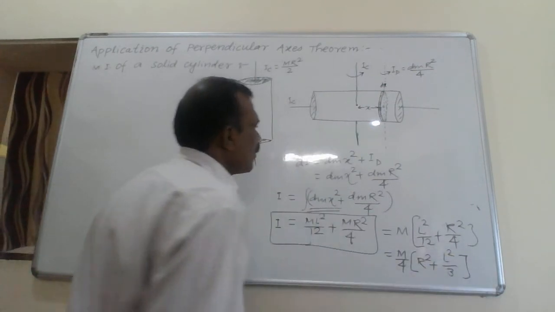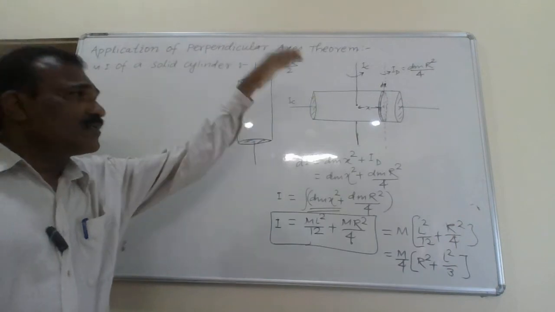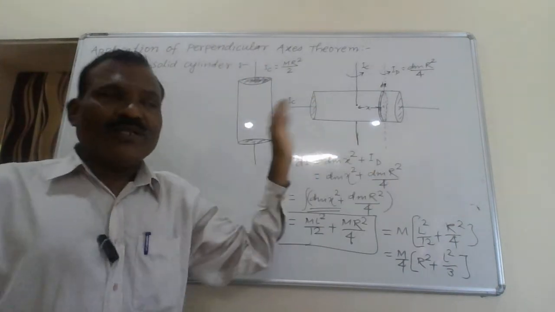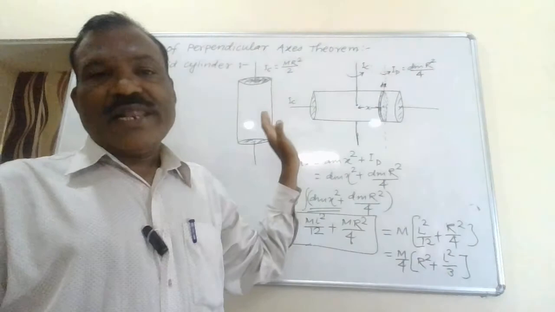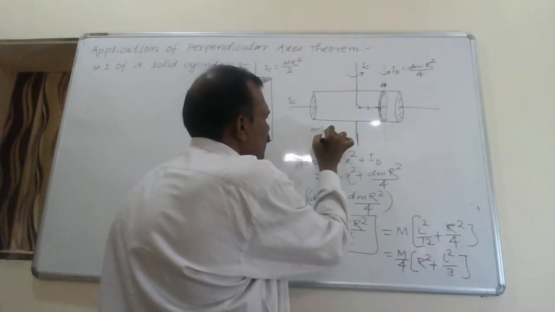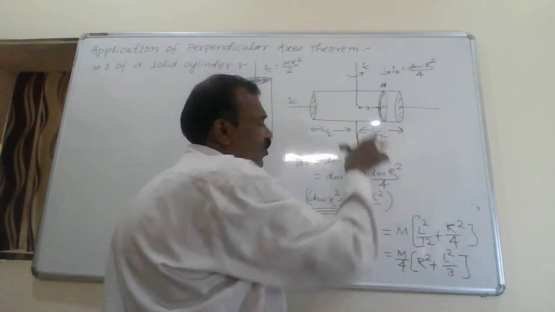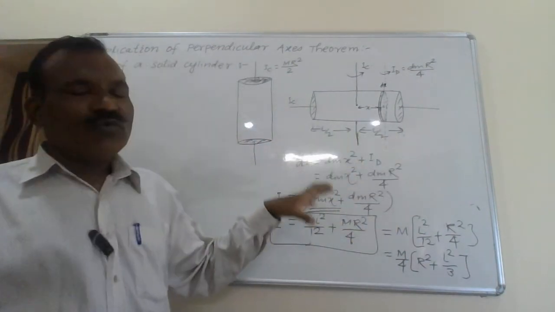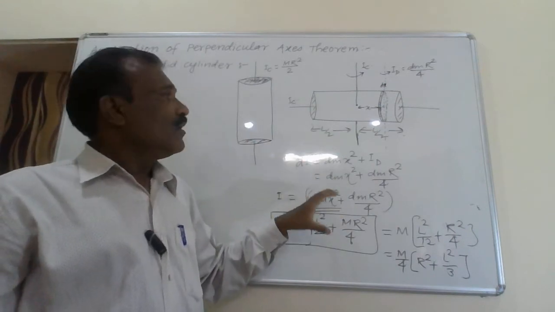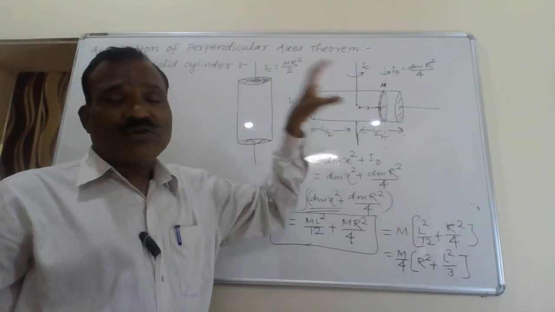So this is the moment of inertia of a solid cylinder about an axis passing through its center and perpendicular to its length. So this is our L by 2 distance, this is our L by 2 distance. So we can consider here the two things. Proof is not in our syllabus.